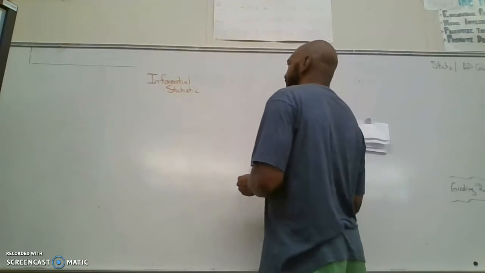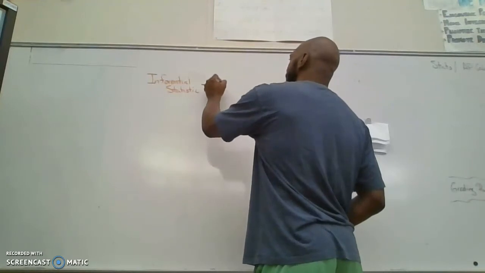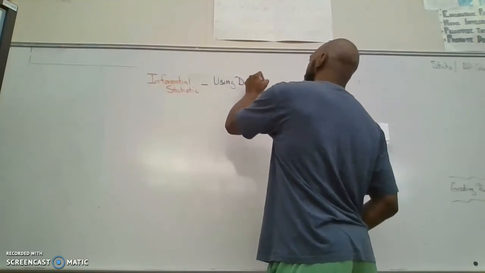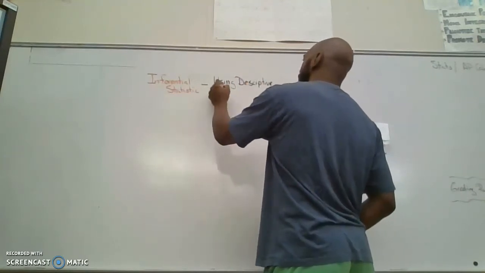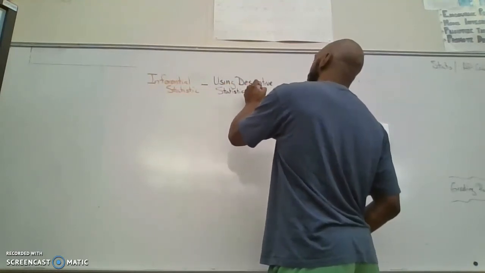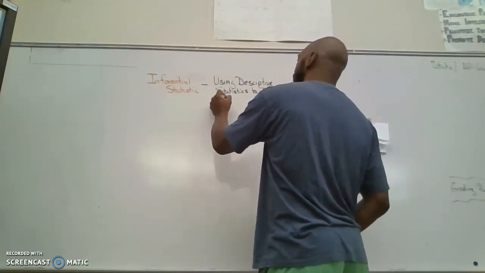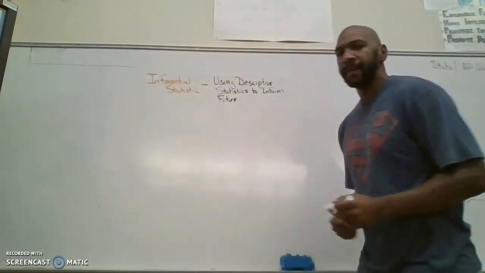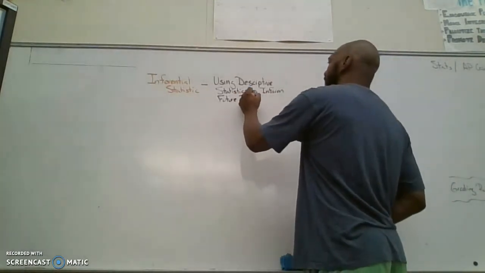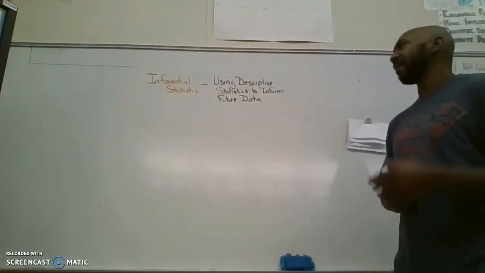So, for instance, an inferential statistic would be using descriptive data to inform future statistics. Okay? So we're going to use descriptive statistics to inform future data. And that would be an inferential statistic.